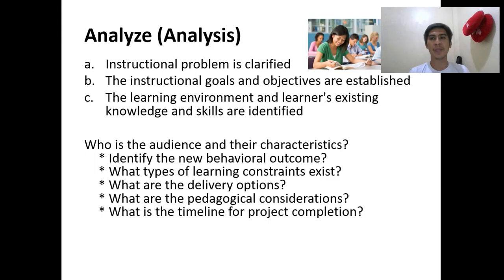So you analyze the problem and clarify the instructional goals. You approach instruction as if it's problem solving. You will strategize how students will learn best a certain skill, content, or coverage.